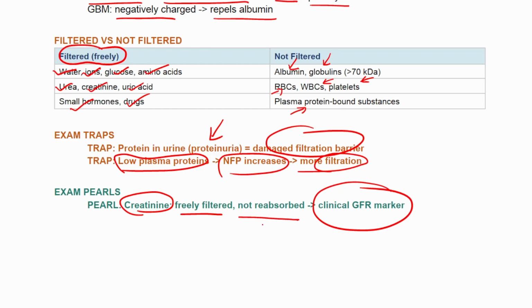Therefore, there is a strict inverse relationship between GFR and plasma creatinine levels. As GFR falls due to worsening renal failure, plasma creatinine levels must automatically rise, providing nephrologists with an immediate, reliable warning of declining renal clearance.